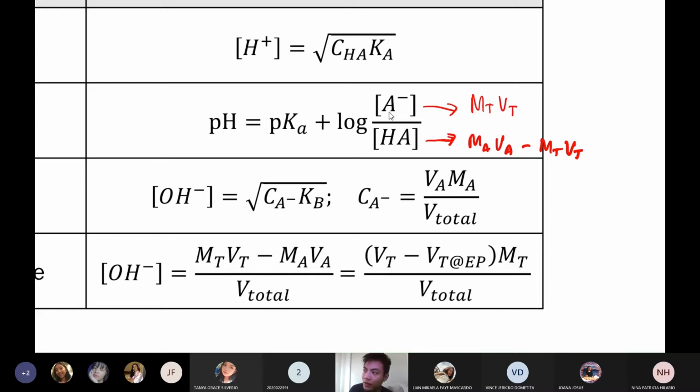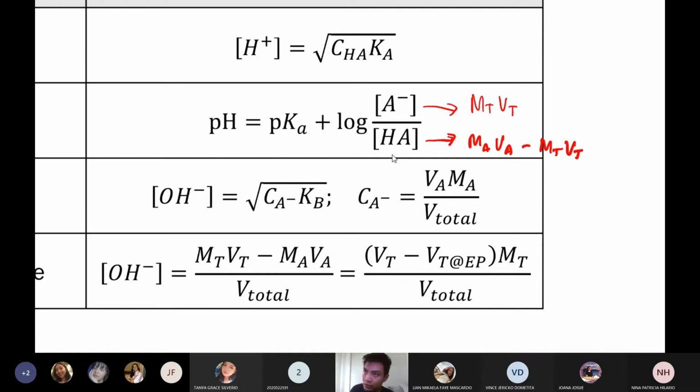So again, kapag ito naka-divide by sa V total, ito naka-divide sa V total, you can cancel the V total. So you can express this in terms of the moles na lang, no? So hindi na molarity. Okay lang kahit di na molarity. Kasi yung V total, pwede mo i-cancel out, kasi ito, diluted to.